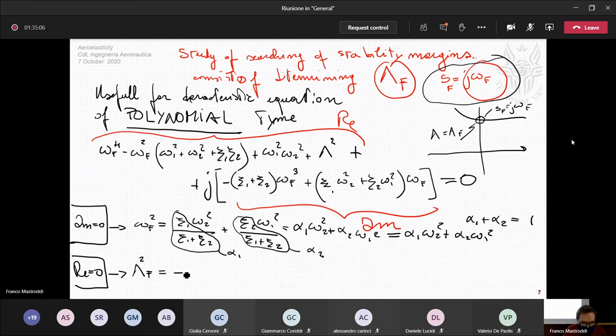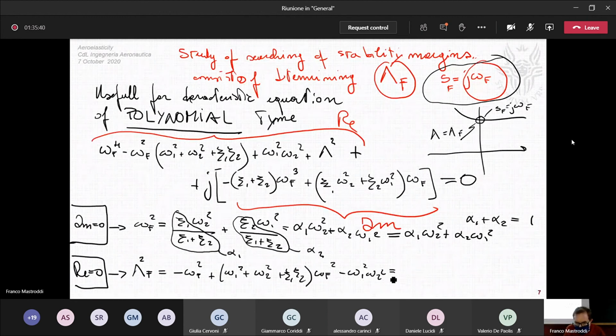And so I have minus omega flutter square, which I have just determined, and plus I rewrite the quantity, and now I have here a bit of algebra, very stupid algebra, too, but I will develop this algebra with you, no problem. Zeta 1, zeta 2, and omega flutter to the power 2, minus omega 1 square omega 2 square. This is just this expression here.